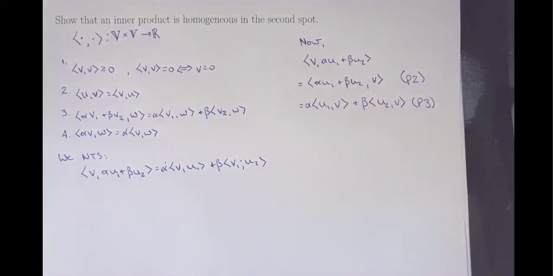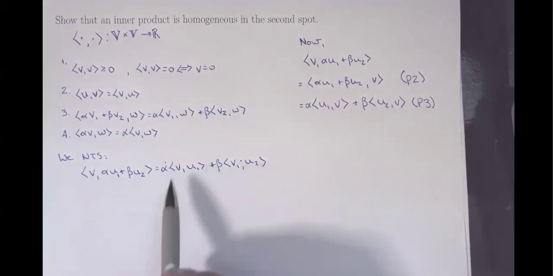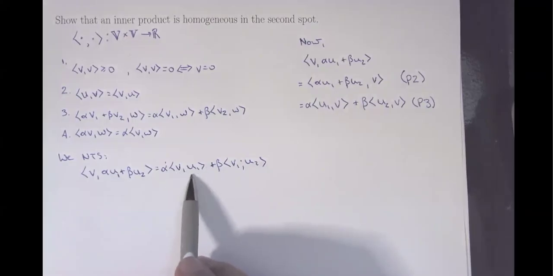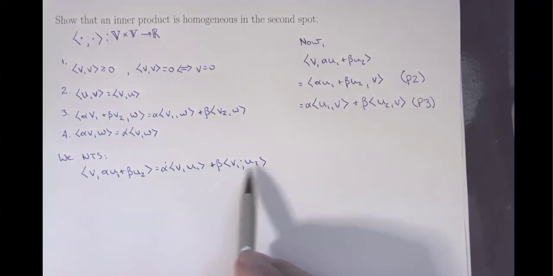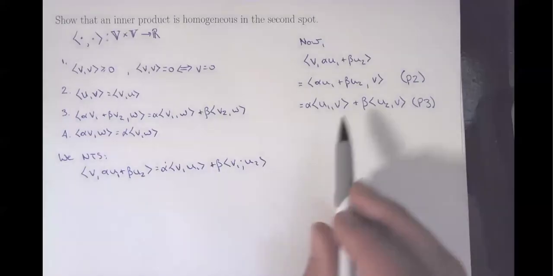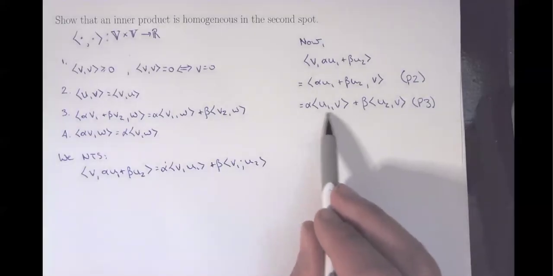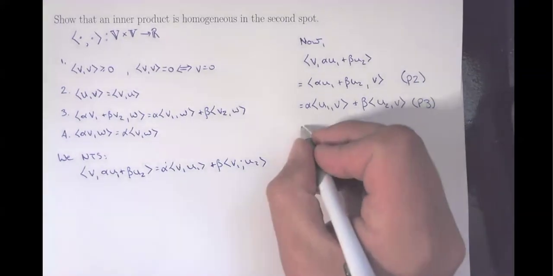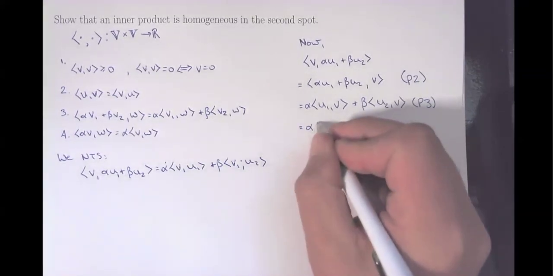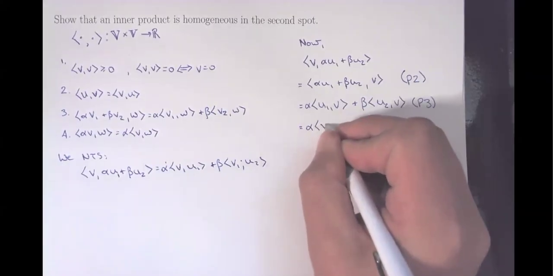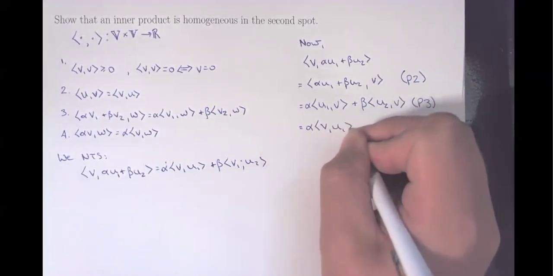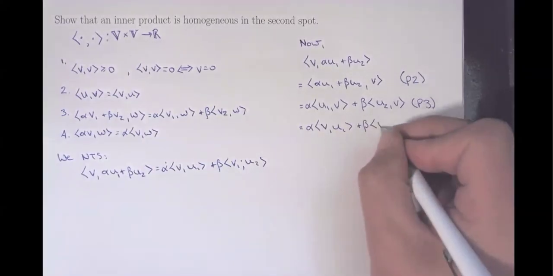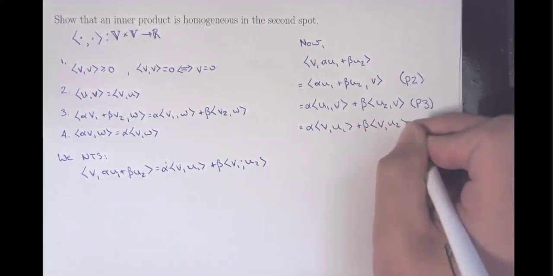And of course, what we're trying to show is that this is equal to alpha times the inner product of V with U1 plus beta times the inner product of V with U2. So all we need to do is reverse the order of these inner products, but we can use property 2 again to do that. So this is alpha times the inner product of V with U1 plus beta times the inner product of V with U2.